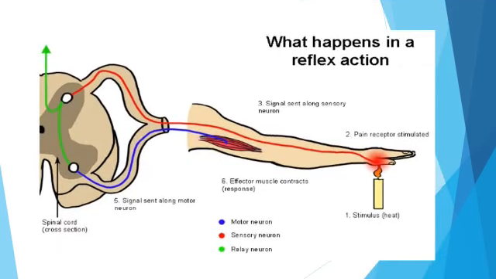Now let us see how this reflex action happens. When a person accidentally touches a hot object, a pain sensitive receptor cell in his fingertip detects the heat stimulus and triggers off the nerve impulse. From here, the message travels along a sensory nerve to the spinal cord.